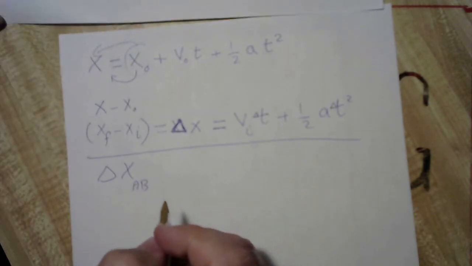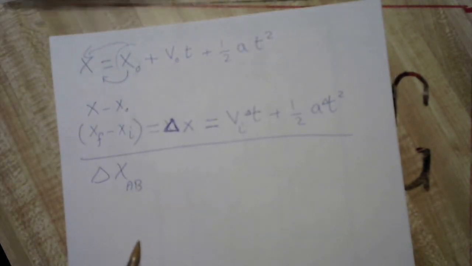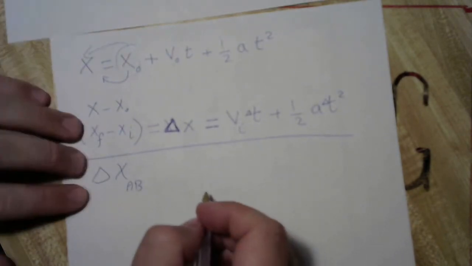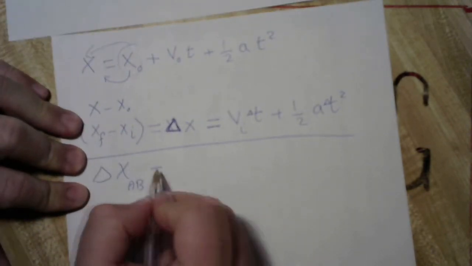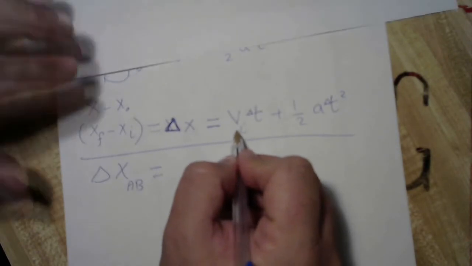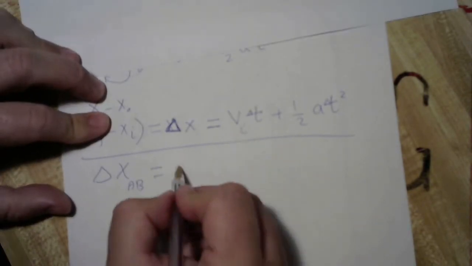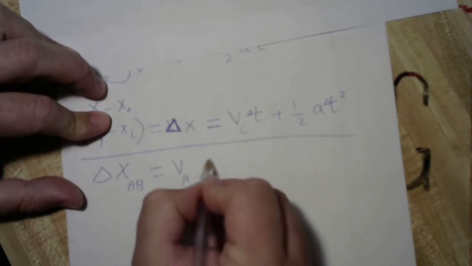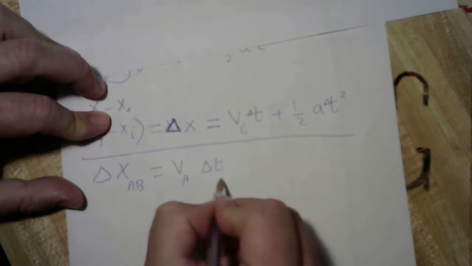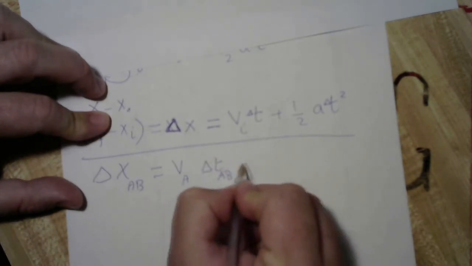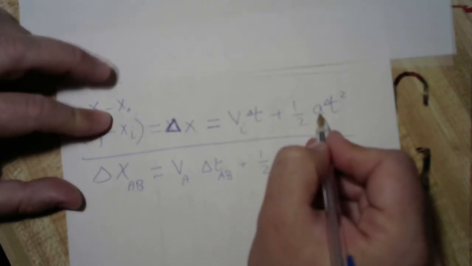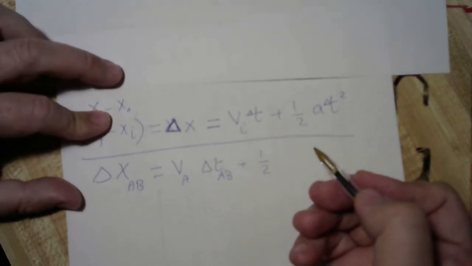Now I will compute the delta x from A to B. It is equal to v initial, and v initial means v at A, multiplied by the time period from A to B, plus half the acceleration. The acceleration is constant all the way.